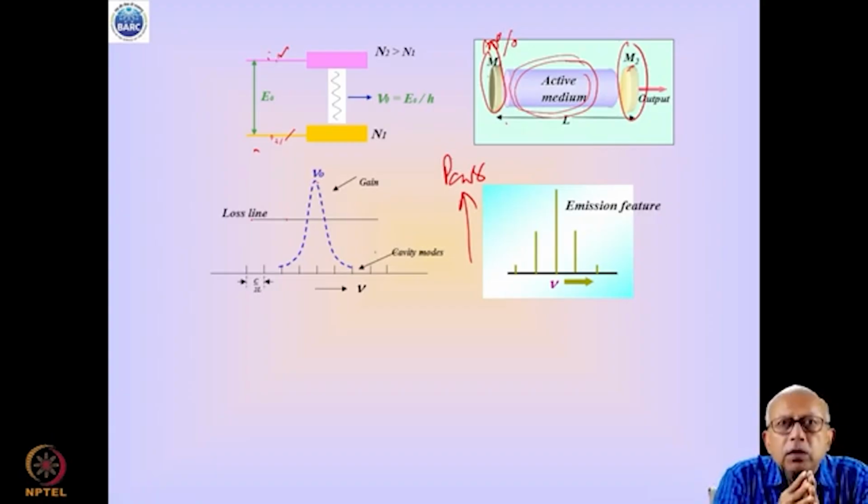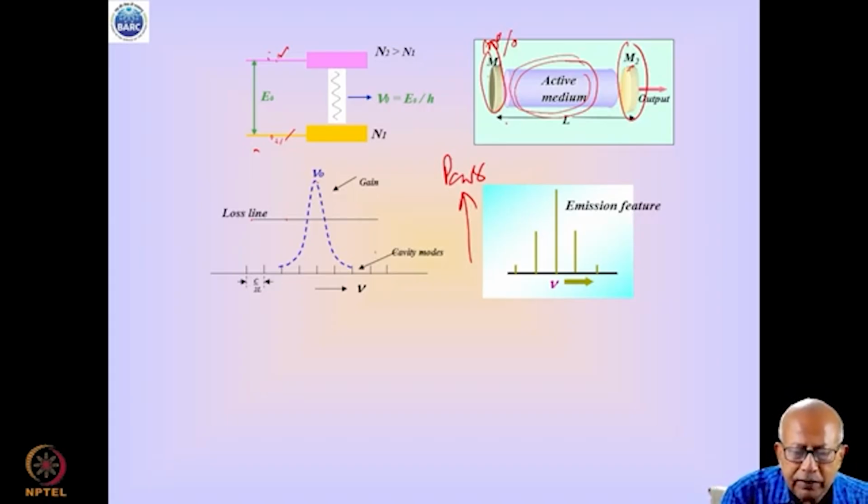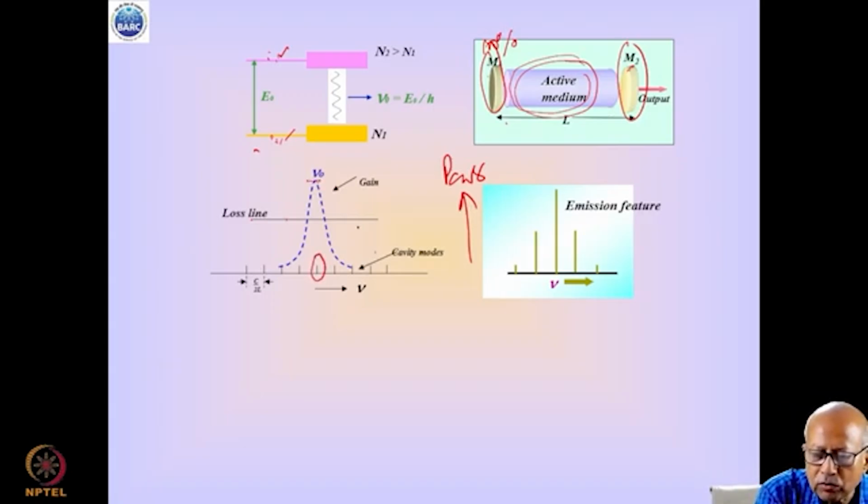So if you reduce the broadening of the gain, then in this case, as you can see, only one mode, this mode alone, has gain exceeding loss. No other mode. Even this mode has some gain, but the loss is much too big for this mode.